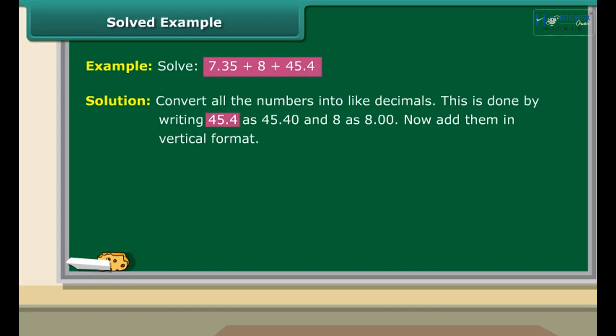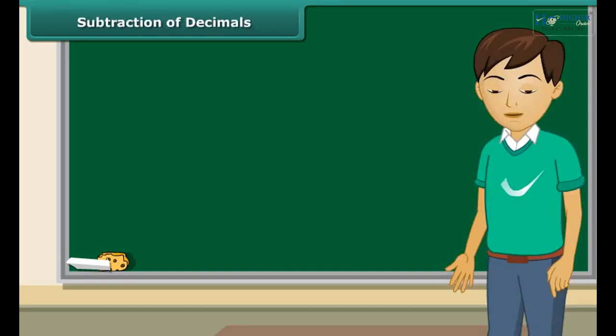Write 45.4 as 45.40 and 8 as 8.00. Now add the numbers in vertical format. We get the result of this addition as 60.75.